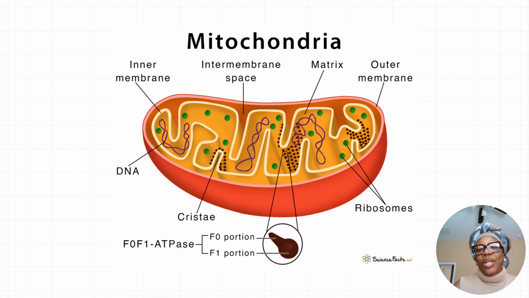And remember, one of the functions of DNA is not just to carry genetic information, but to also provide the recipe and everything that's needed to produce proteins. So mitochondria are capable of producing their own proteins that they need for their various processes because they have their own DNA and they have their own ribosomes.